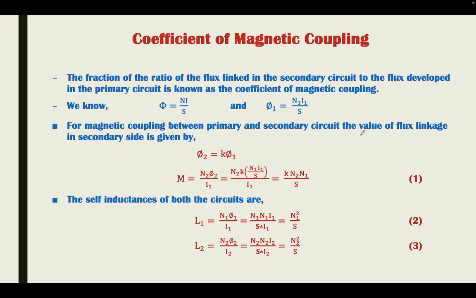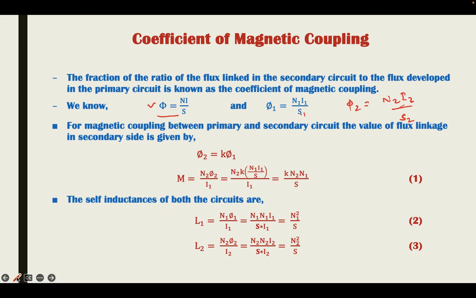Considering these two concepts, if we want to correlate the inductance between the primary or first coil and the second coil, let me start from the basics. Phi is equal to N I upon S, and phi1 is equal to N1 I1 upon S. Similarly, phi2 will be equal to N2 I2 upon S, where S is the reluctance of the first path and S2 is the reluctance of the second path, if these two paths are independent of each other.